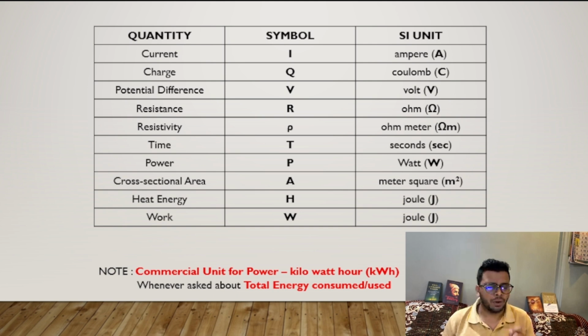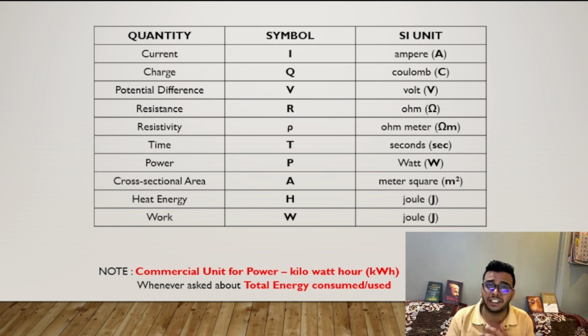Moving ahead, a very important point to remember is the commercial unit. Commercial unit, kilowatt hour, is also known as a unit. So whenever they ask you a unit, it is nothing but a commercial unit. And whenever they ask you total energy consumed or energy used in the numericals, you'll have to first convert them into commercial unit.